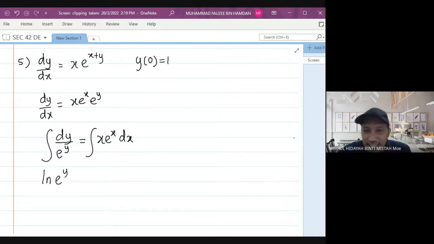Is it correct? Betul tak tu? Integrate dy over e to the power of y. Is it correct or not?